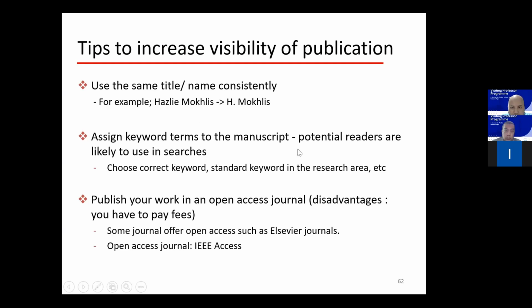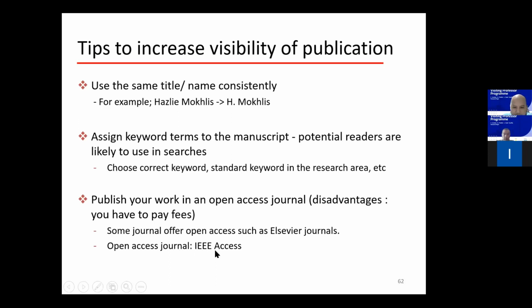Number two, you need to use the correct keyword to represent your paper. And then number three, publish in open access journal, meaning reader can get the paper without paying anything for journal access. But the disadvantage of open access journal, it is expensive.